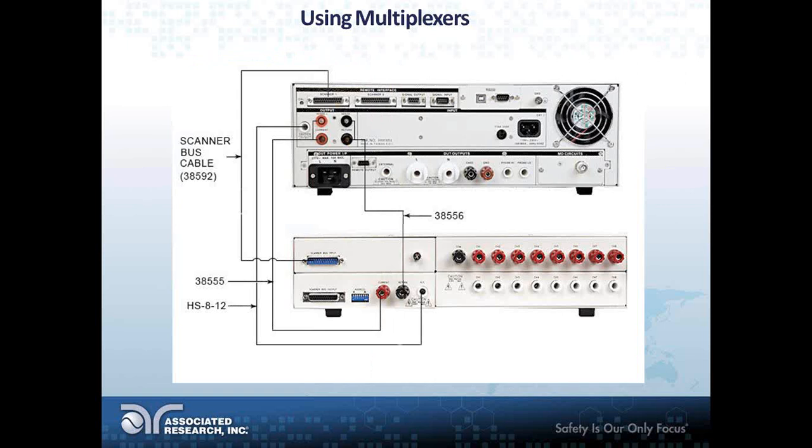Here's another quick example of how an external scanner can be connected to the Associated Research Model Omnia 2. And as you can see, the high current, the returns, and the high voltage can all be routed from the instrument, which is on the top of the picture, into the scanner and distributed to different channels based on the application.